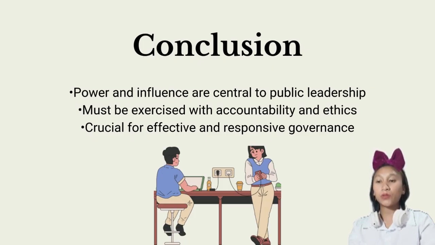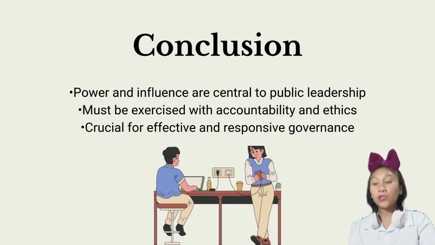By understanding and appropriately applying various influence tactics, public leaders can foster collaboration, build trust, and achieve positive outcomes for the communities they serve. Power, when exercised responsibly, can significantly enhance governance and improve the efficiency of public administration.